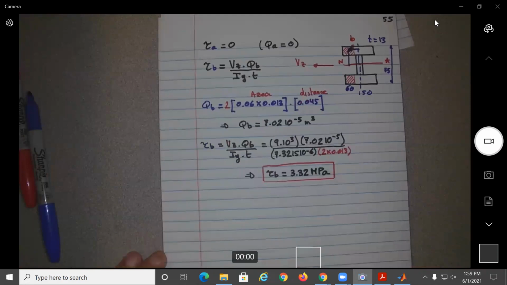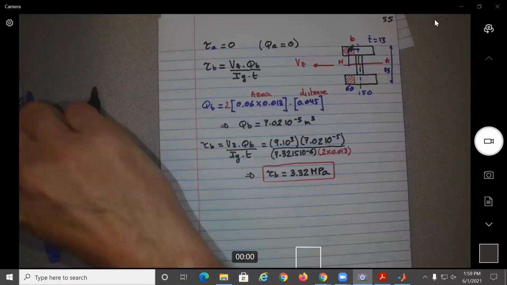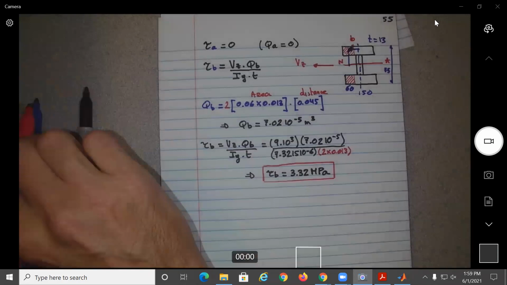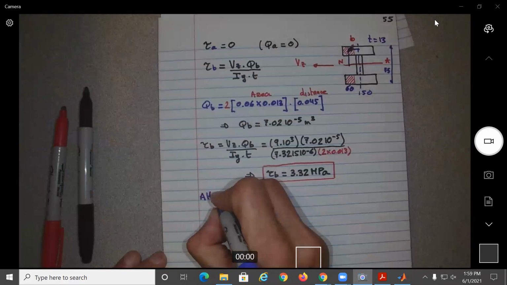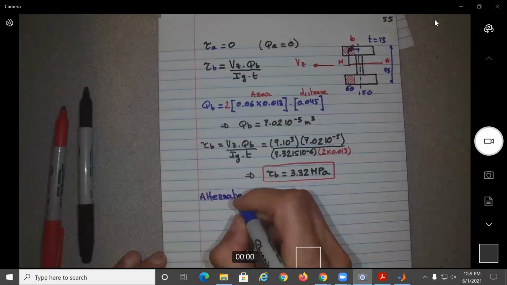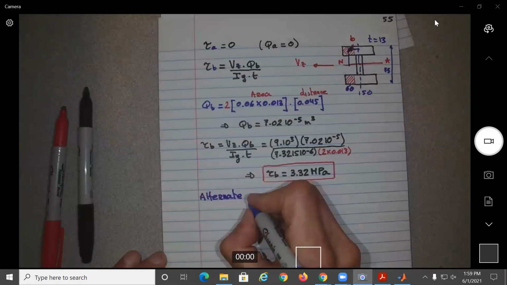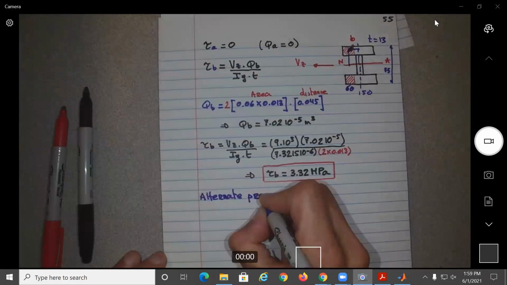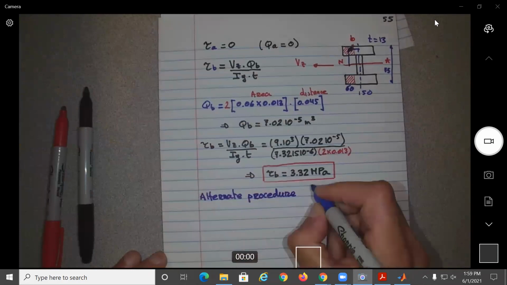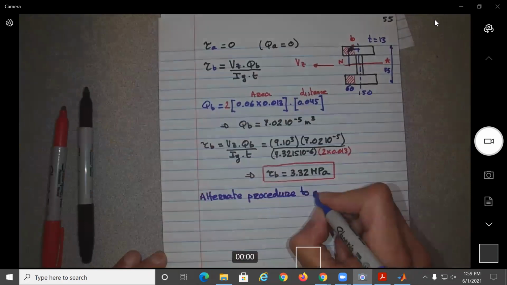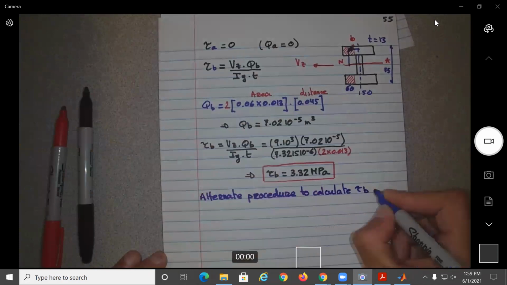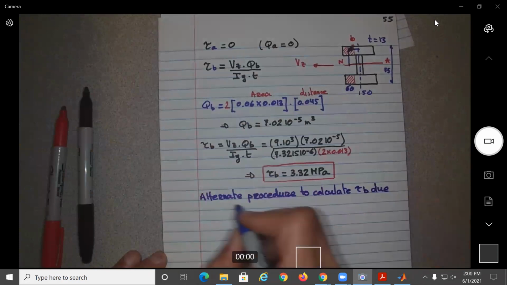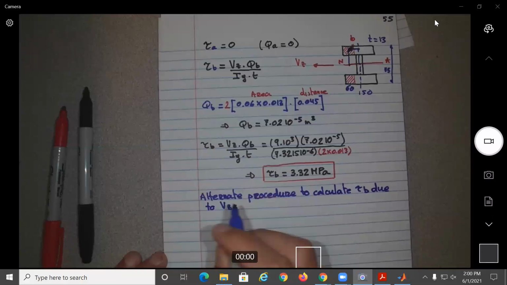So let's say, alternate procedure to calculate tau sub B due to VZ.